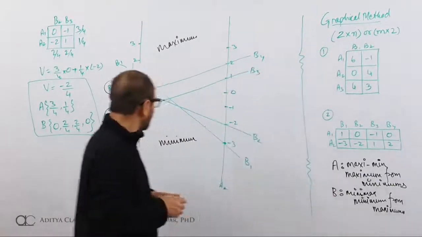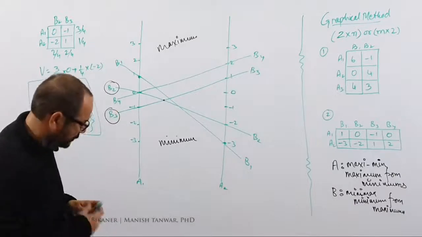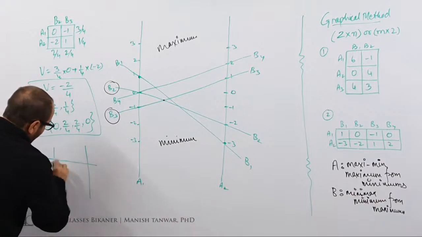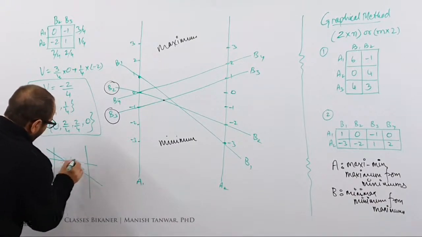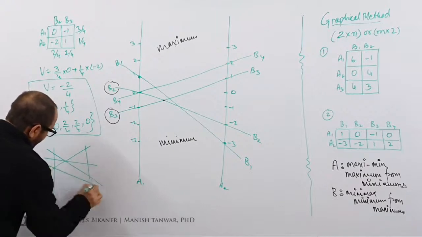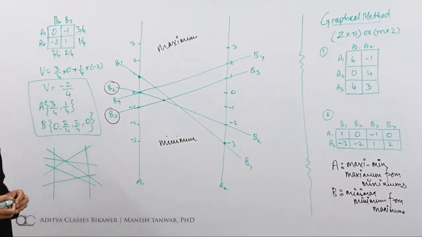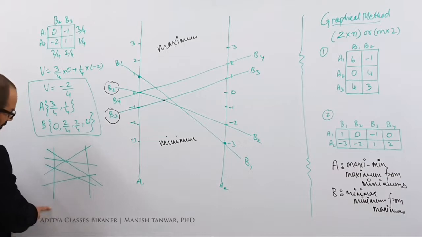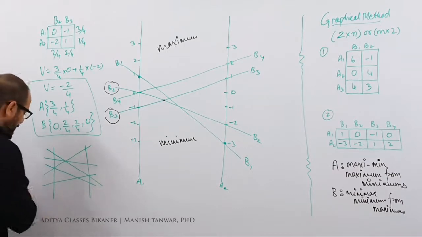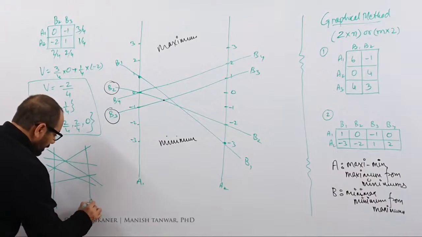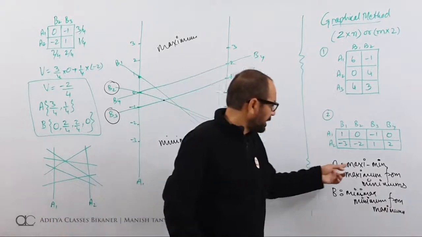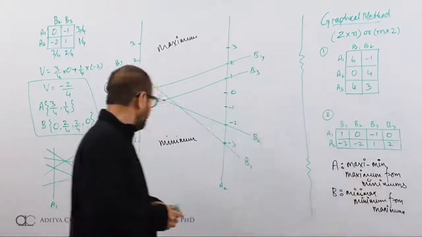Yes, at times it might so happen that you get a situation where you have a distribution like this. Now, depending on what is written over here, suppose I have A1 and A2, so it is a game for A. A selects maximum from minimum area.